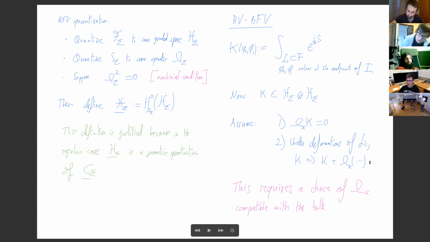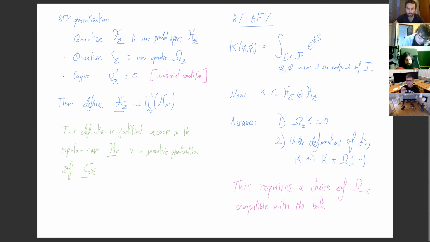So if you're able to set things in such a way, then you can consider the cohomology class of K inside the physical Hilbert space. And the second condition tells you that the value of K in this cohomology class is invariant under deformations of the gauge fixing. Okay, so this is exactly what you want to have.